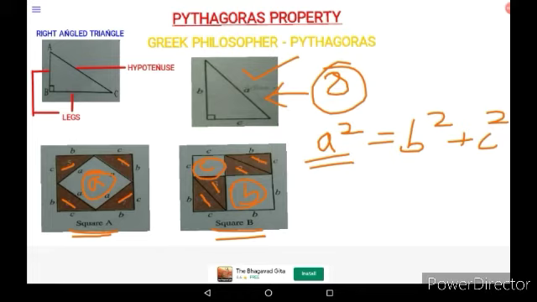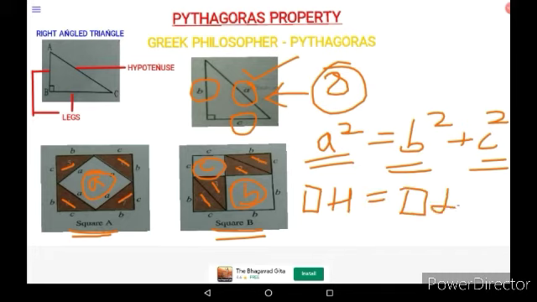This A square is on the hypotenuse, and the B and C squares are on the legs of the right angle triangle. This means that in a right angle triangle, the square of the hypotenuse is equal to the squares of the legs of a right angle triangle.